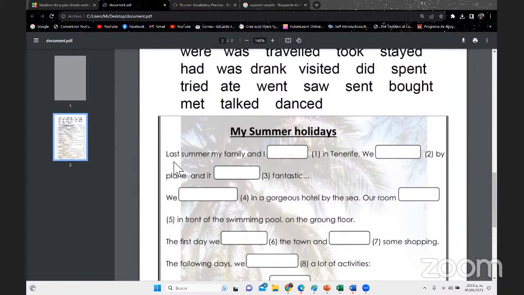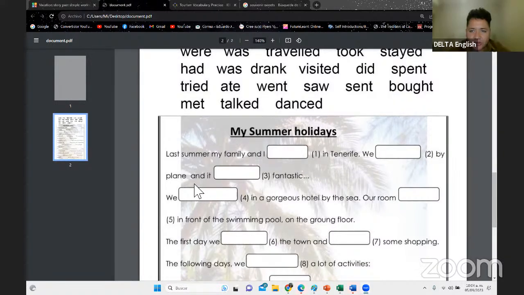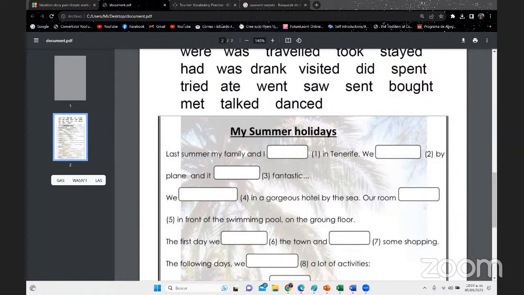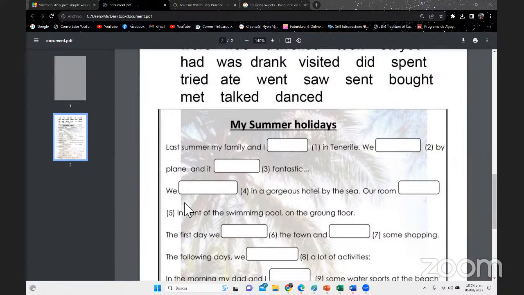Our room saw in front of the swimming pool on the ground floor. Maybe we can use another one. Our room was, right? We have was. Our room was in front of the swimming pool on the ground floor.